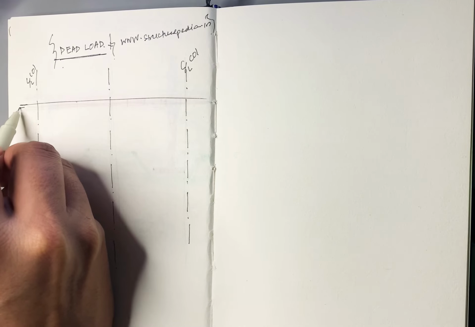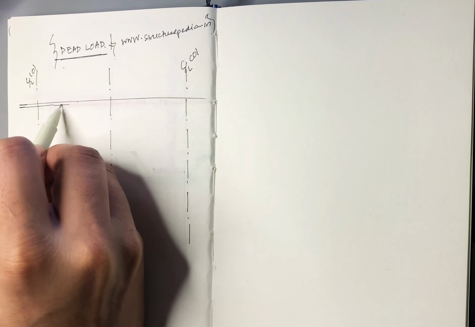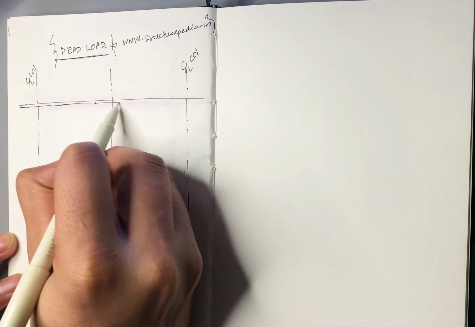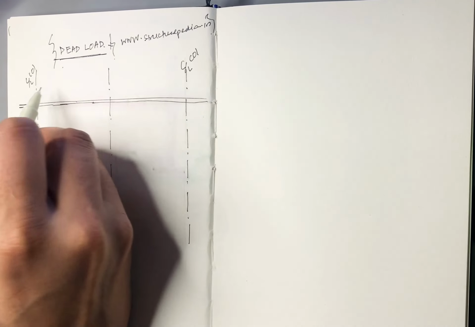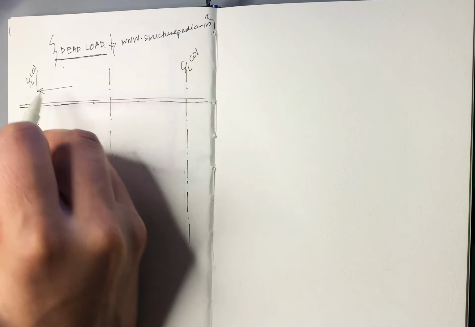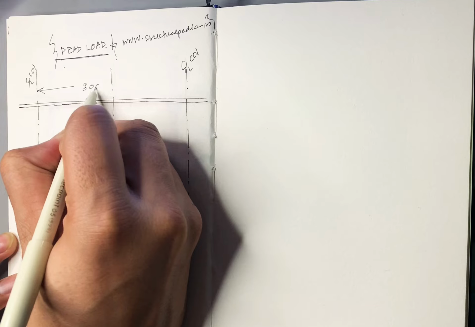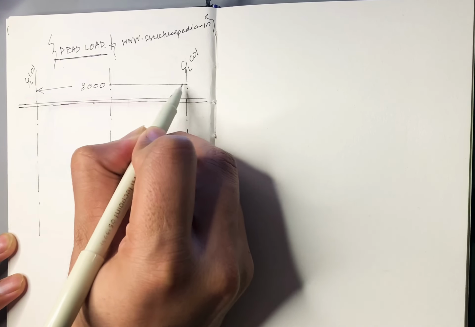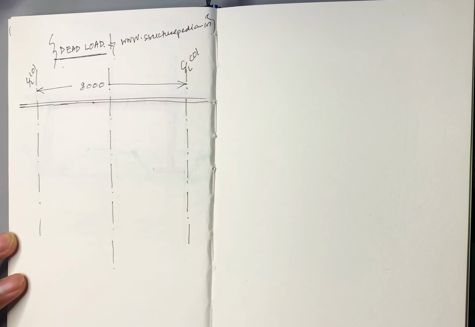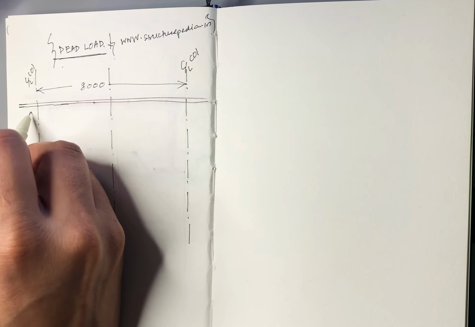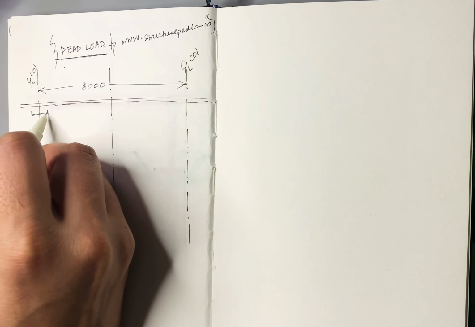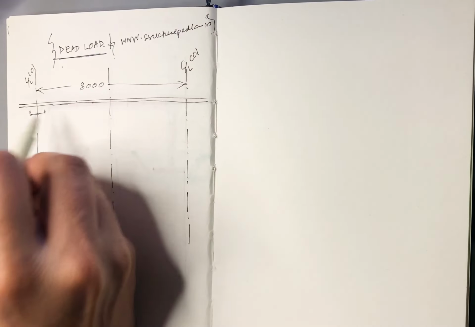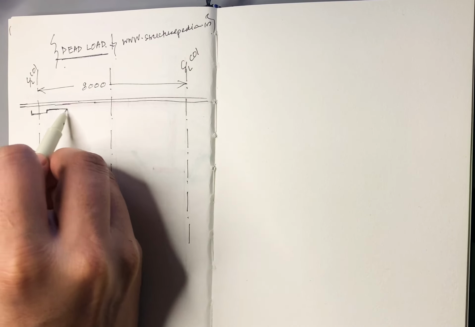Let's say this is my slab thickness. It would be very small because this span is 8,000 mm, which is 8 meters. Now you have some beam. I'm not showing dimensions here.